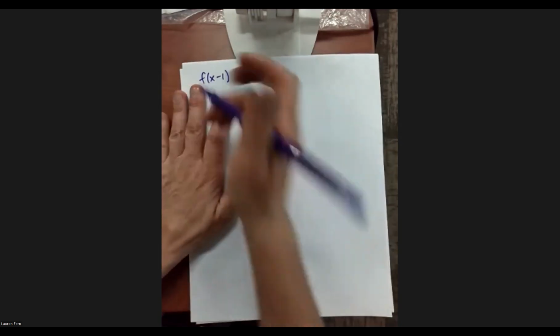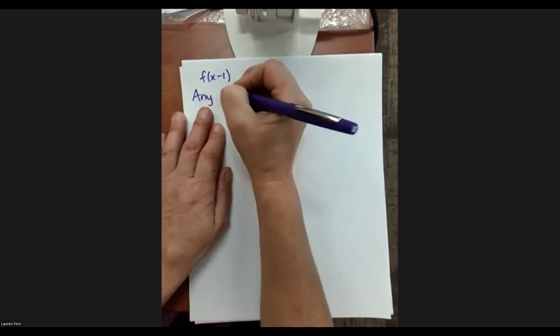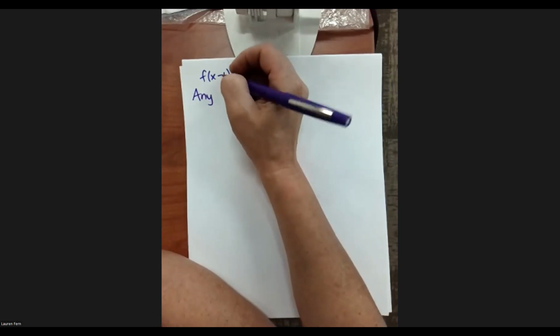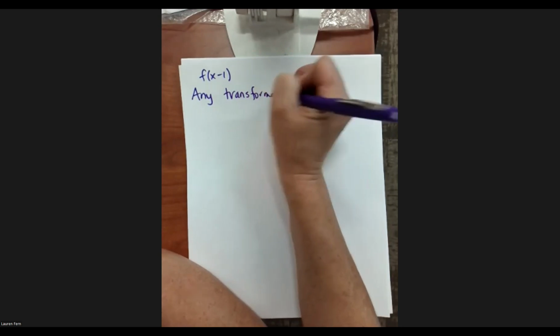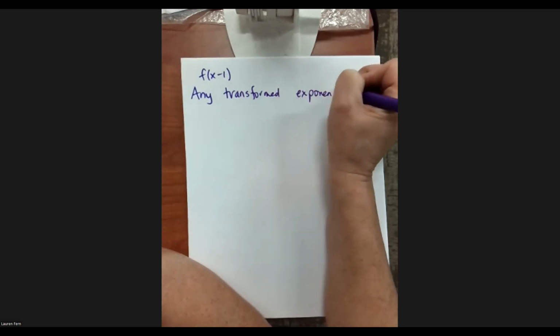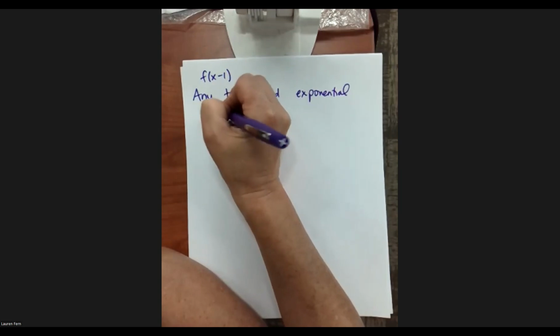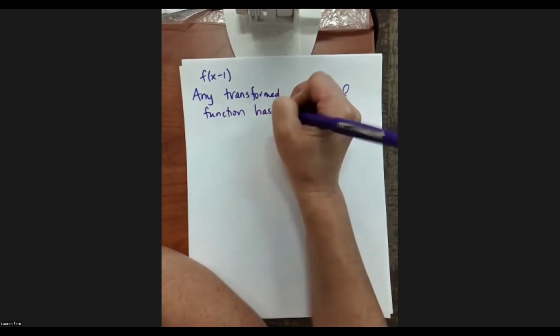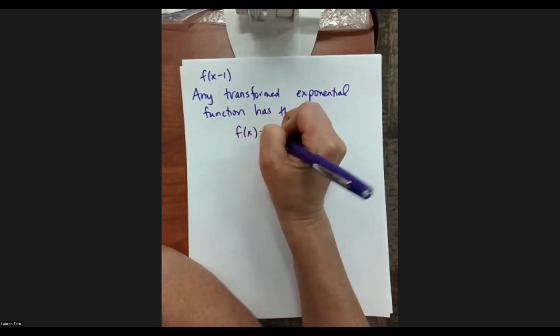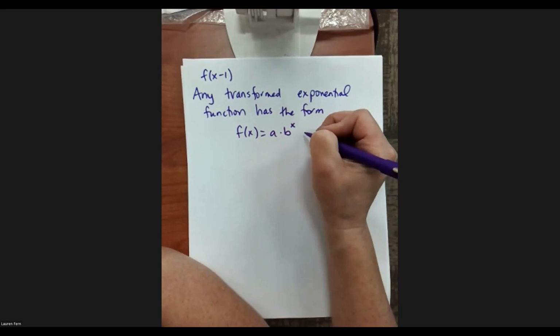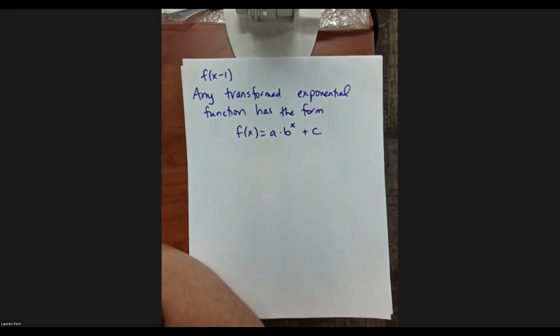Let's just play with a couple more. When we transform some graphs, what I'm going to do is actually generalize them. I'm going to say any transformed exponential function has the form f of x equals a times b to the power of x plus c.